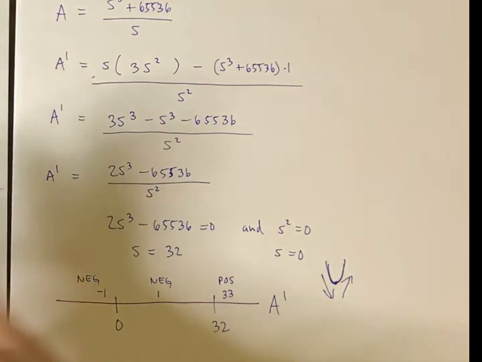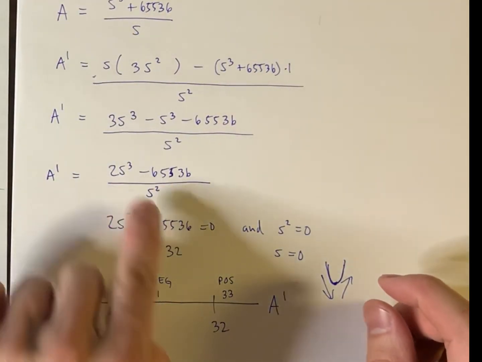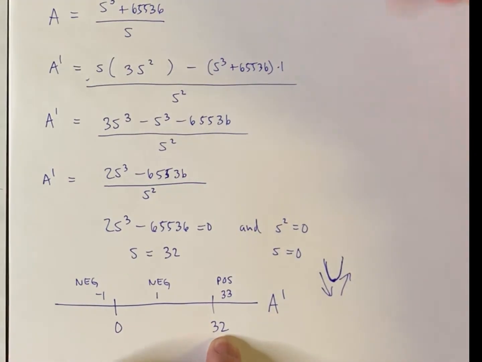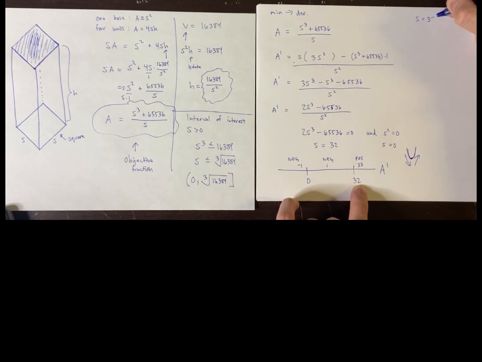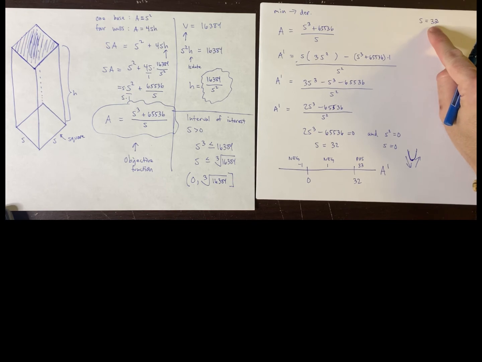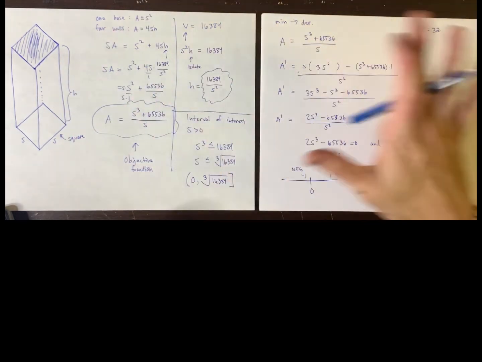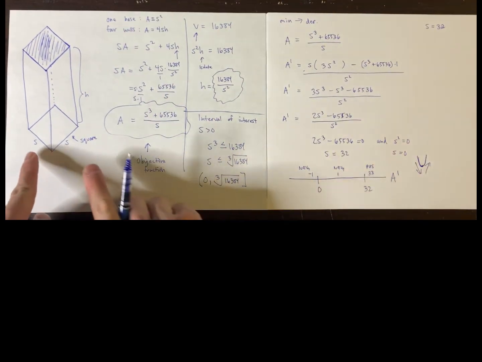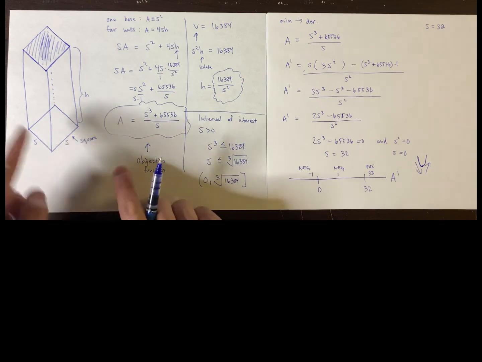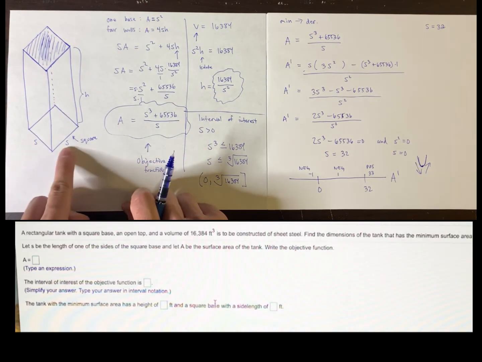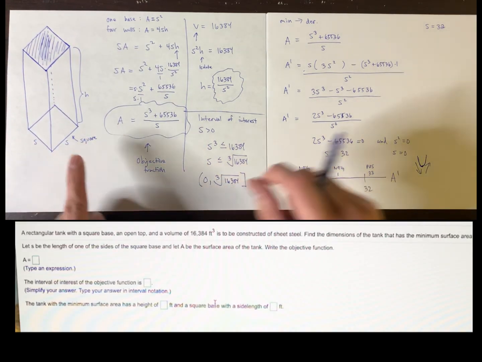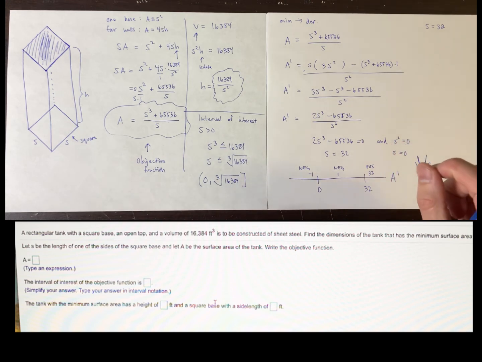So all of this works when S is 32. So let's write that down. S has to be 32. That is the number that satisfies all these conditions. And that lets you know the dimensions of the square. This shape has a 32 by 32 base. So that would be our square base.